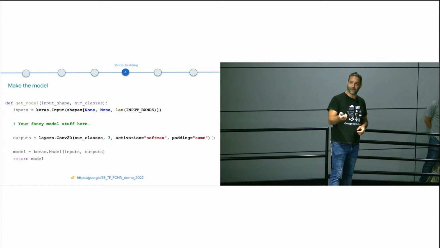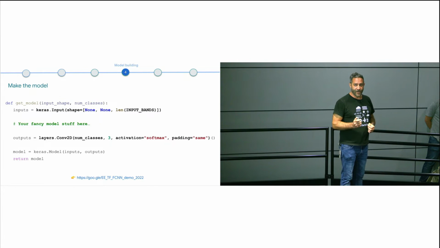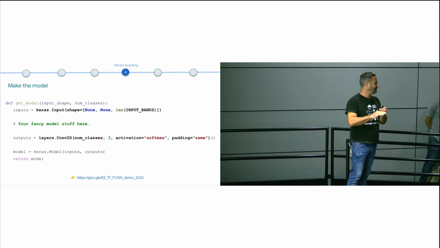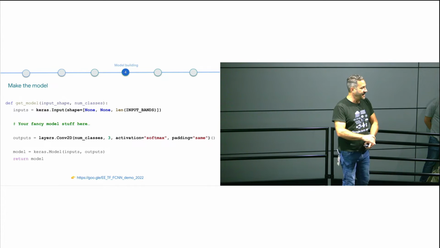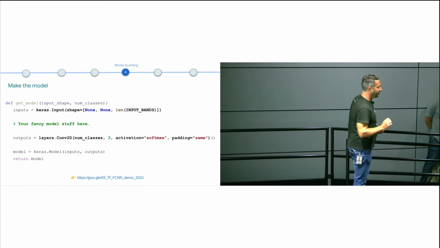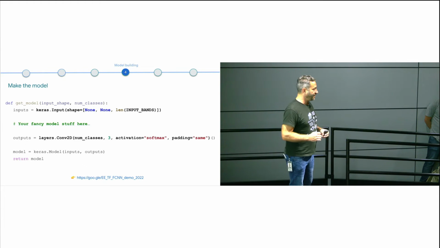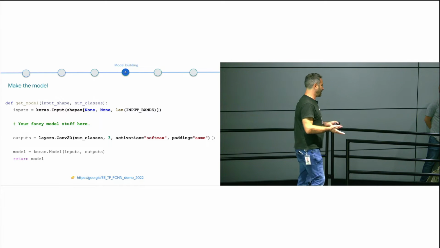So that's the length of input bands here. So height, width, channels on the input. On the output, you have another convolutional layer with the number of classes in your output as the depth. And what that means is that you will get a number for each of the classes in your classification. And that number is the predicted probability that that's the class that you're seeing in that pixel.